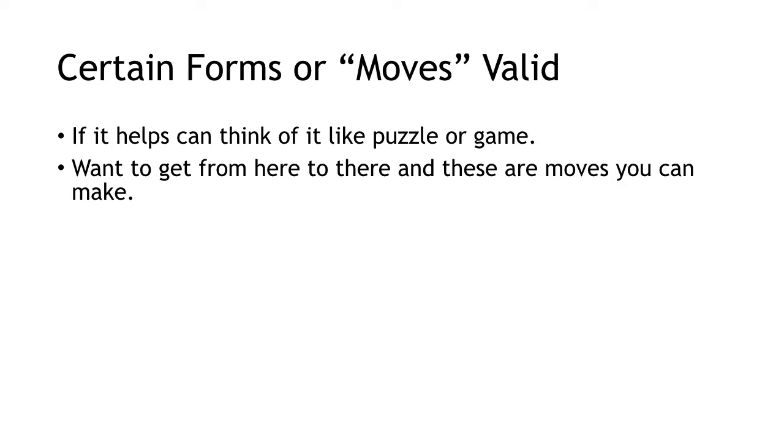I have different rules, different ways I can get there. Am I able to get there or not following these valid rules? It's a puzzle. Is there a way to get there using only the rules that we see with valid arguments? If there is, then the argument's valid. If there's not, it's not. That's the way it helps me to think about this. Might be useful or not to you.